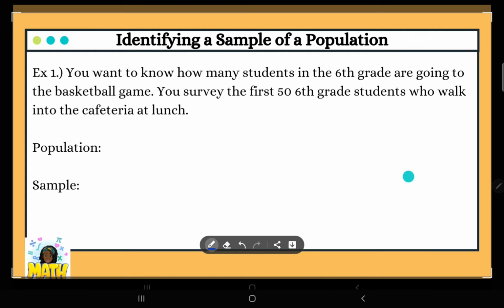You want to know how many students in the 6th grade are going to the basketball game. You survey the first 50 6th grade students who walk into the cafeteria at lunch.